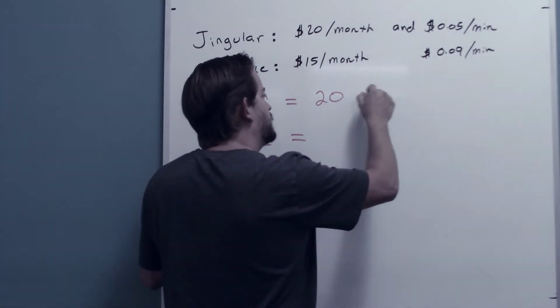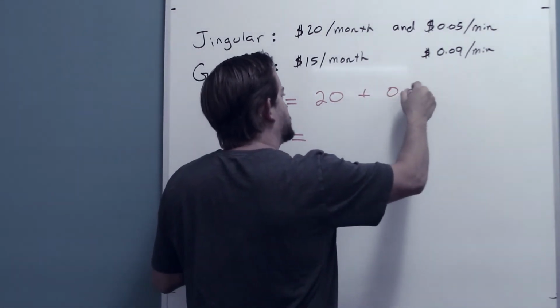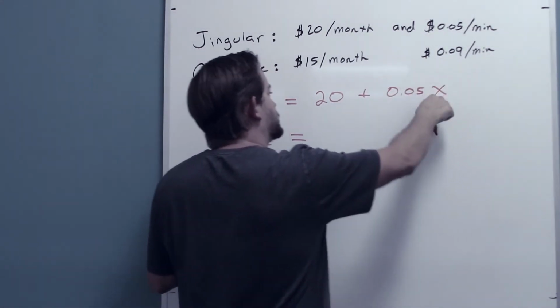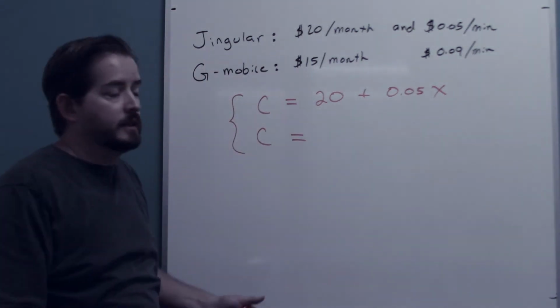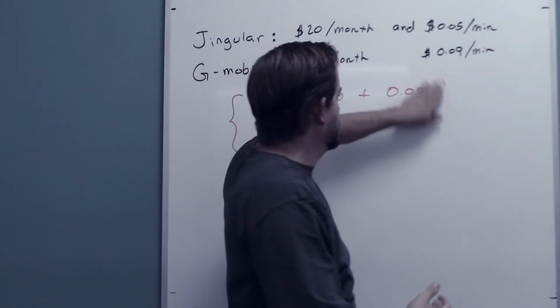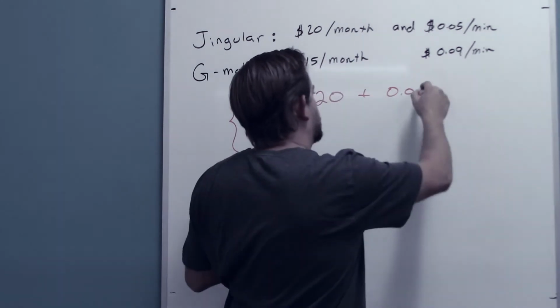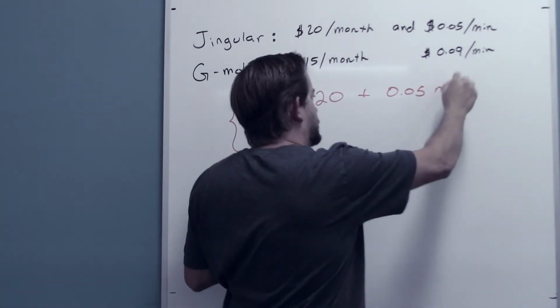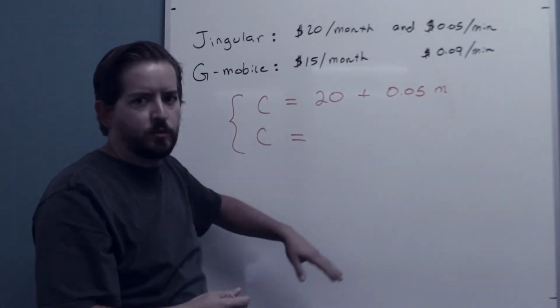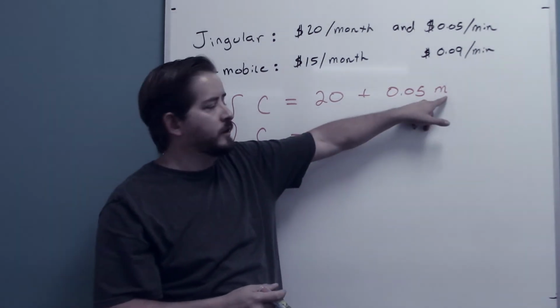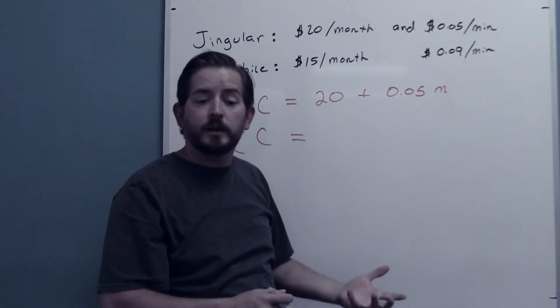But I pay $20 plus 0.05 multiplied by x, where x is the number of minutes. If you want, you can call this m. That way when you're done, I'm going to have to erase my board probably, so in the end, when I solve for m, I know, oh, that's the number of minutes, right?